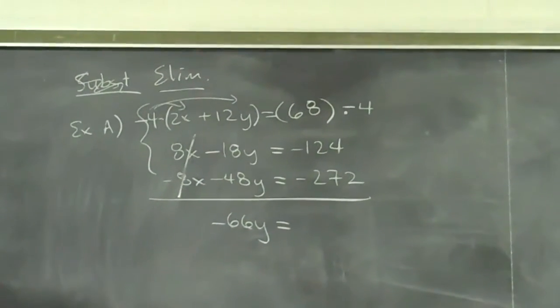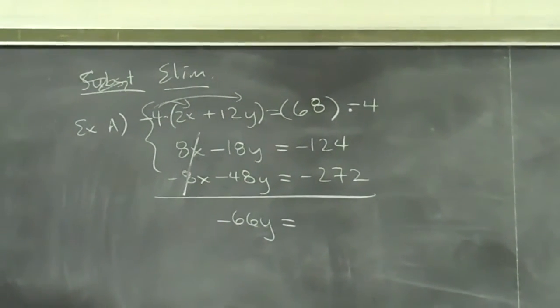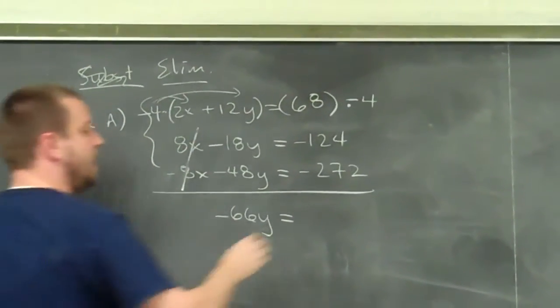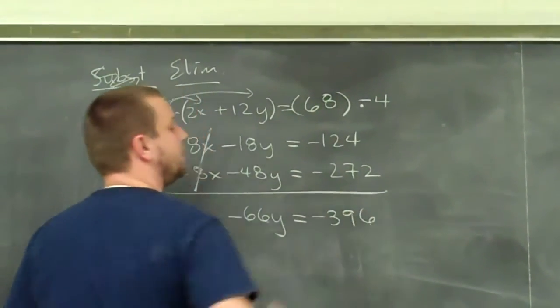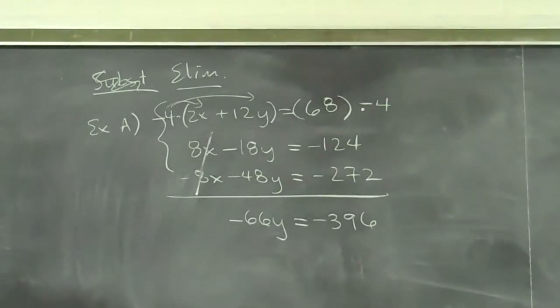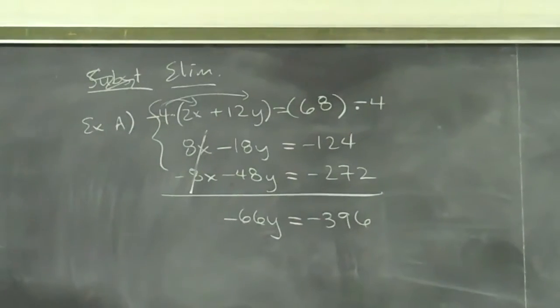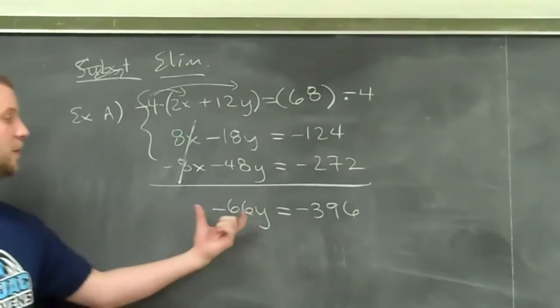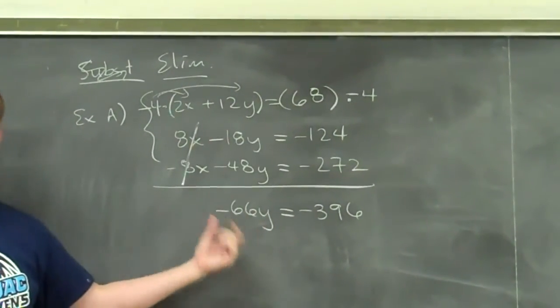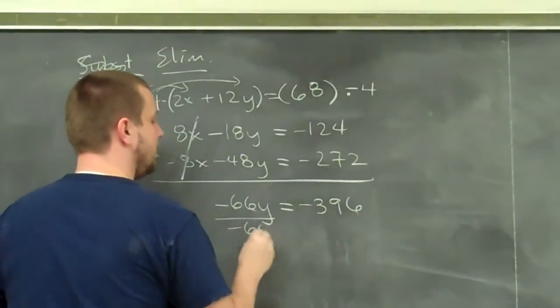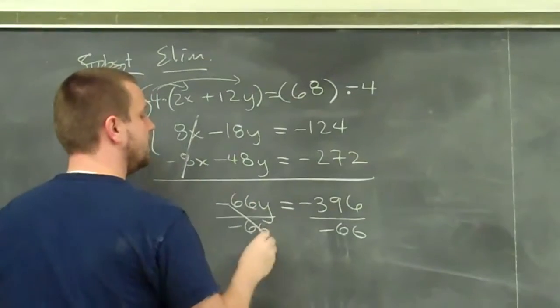And negative 124 minus 272 is obviously negative 396. Okay? So, by adding and canceling the x's, I can solve for y, right? Divide off the negative 66.